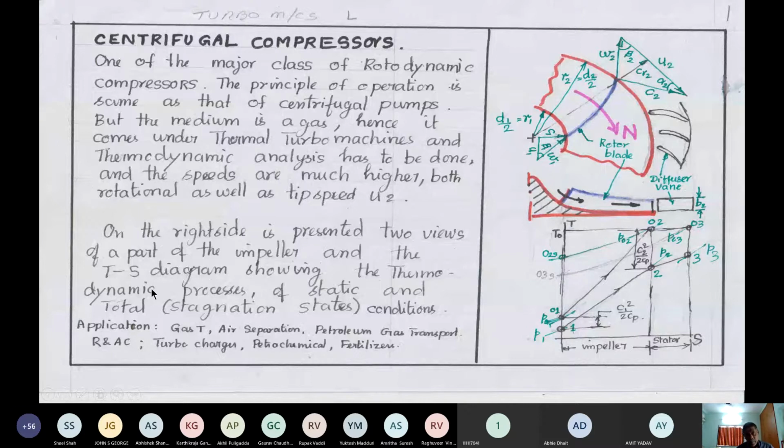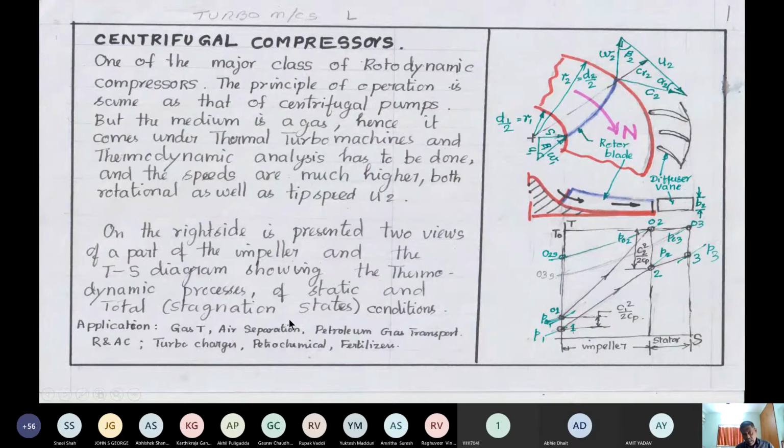You'll be surprised to find that out of the total power developed by the turbine, the gas turbine part, about 75% is used for compression. Only the remaining 25% is used for other work, like running a machinery, a generator, or the propulsion nozzle and all those things. So much power will be required.